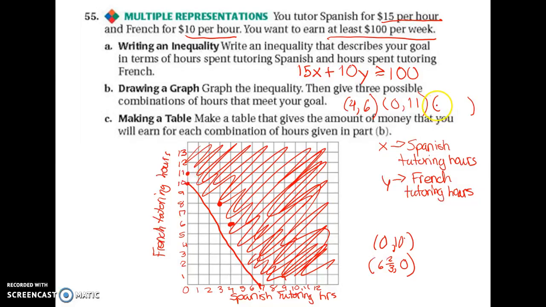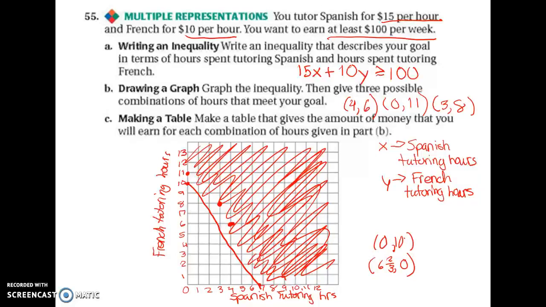This is 3, 8, and that's 3 times 15, which is 45, and then you have 10 times the 8 hours of French, which is 80. So you have 45 plus 80, and that's 125, and that would be greater than or equal to 100. So it's always good to test some possibilities that would work in your inequality.